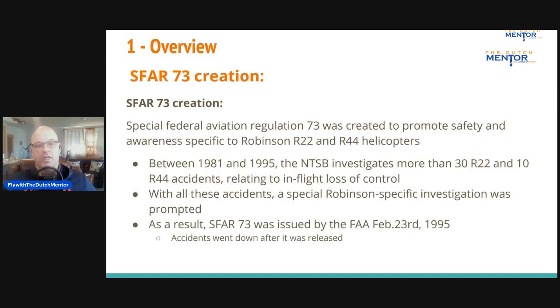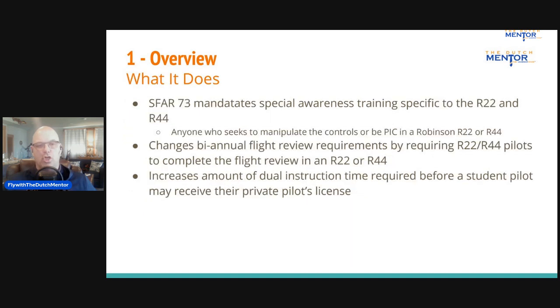All right, first thing is this was created obviously because something didn't go right. It was created in conjunction with the NTSB, and Robinson willingly adopted this, and it was put into play going back to February of 1995. Small adjustments and changes have been made to this process, but this is still required for anybody who flies an R22, R44.